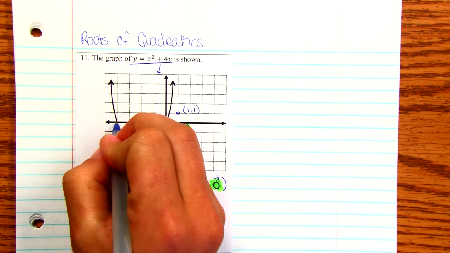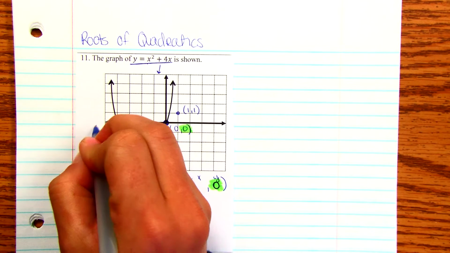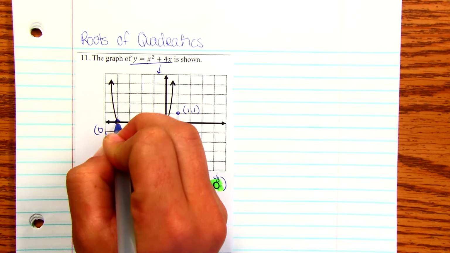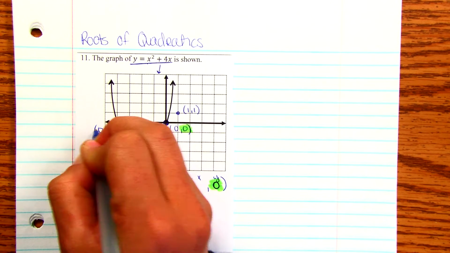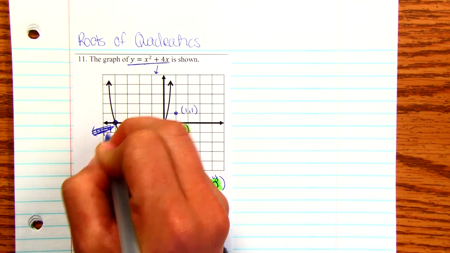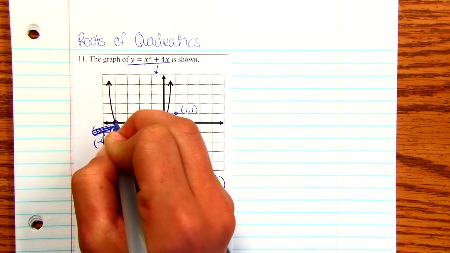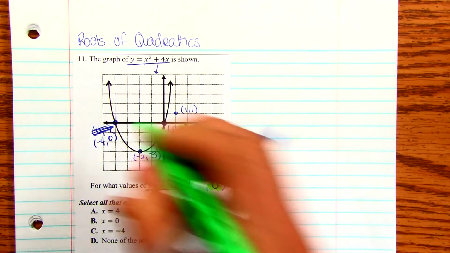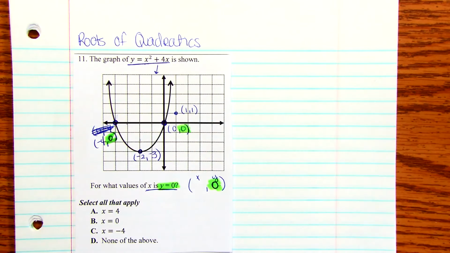This coordinate here is 0, comma, 1, 2, 3, 4, negative 4. Oops, no. It's left negative 4, up or down 0. So this is another coordinate where x equals 0, or sorry, y equals 0.